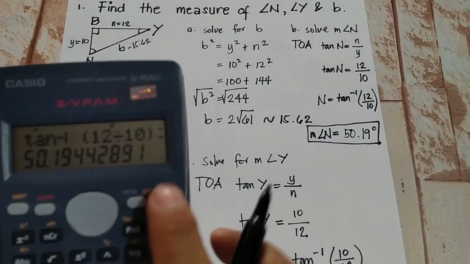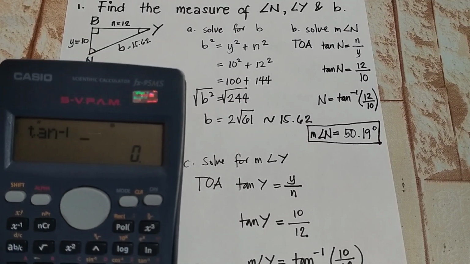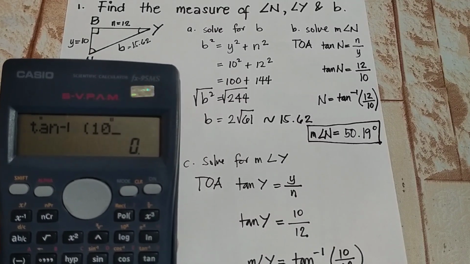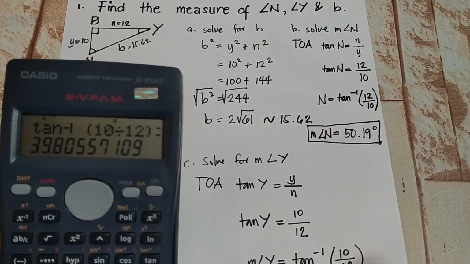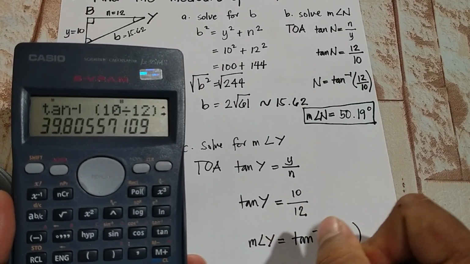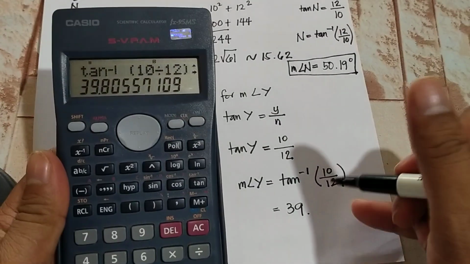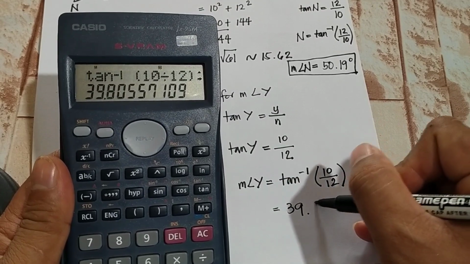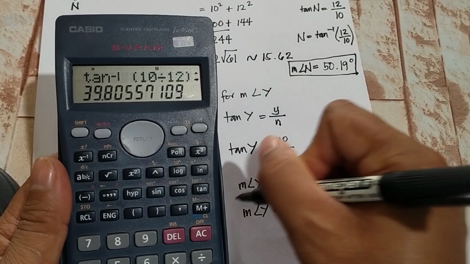Using your calculator, you have shift tangent open, then 10 divided by 12, then close, equals. That is equivalent to 39.81 degrees. So that's the measure of angle Y.